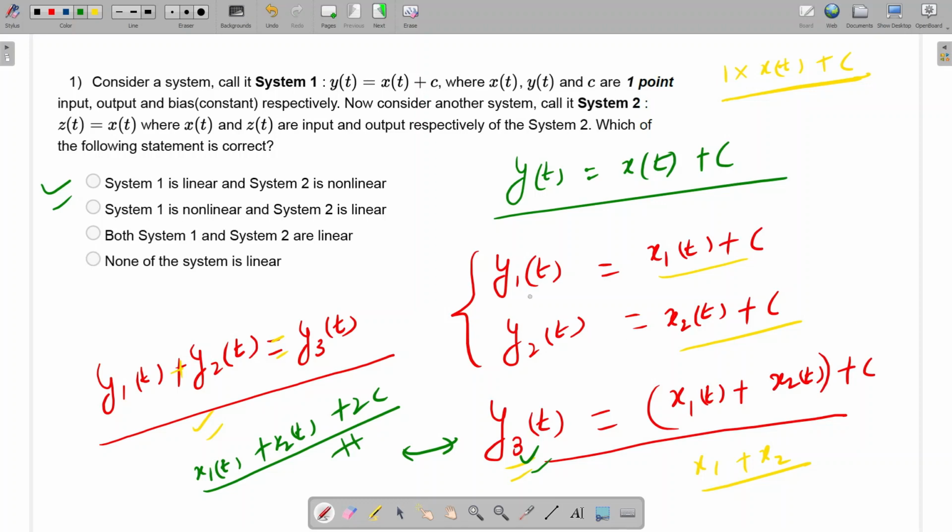And y1(t) is x1(t) + c, y2(t) is x2(t) + c. Since y3(t) is not equal to y1(t) + y2(t), what will be the final answer? What is the answer? Can anyone reply? If not equal, then it will be non-linear. Is it clear? So the first system is non-linear.